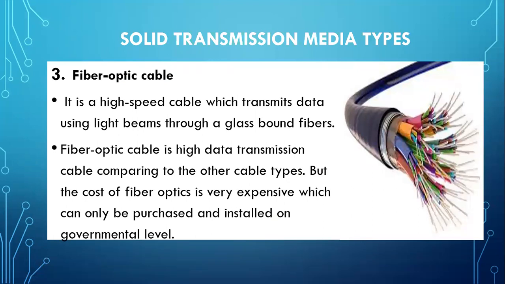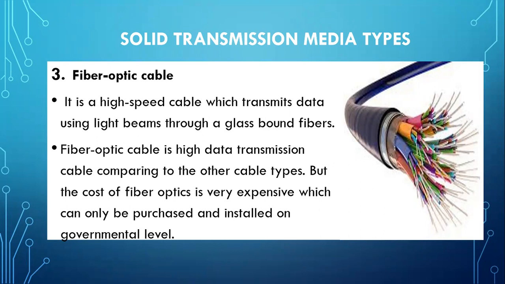The third one is the fiber optic cable. As you can see, there's an example of a fiber optic cable. These cables are high-speed cables which transmit data using light beams through glass-bound fibers. The fiber optic cable is a high data transmission cable compared to the other cable types.